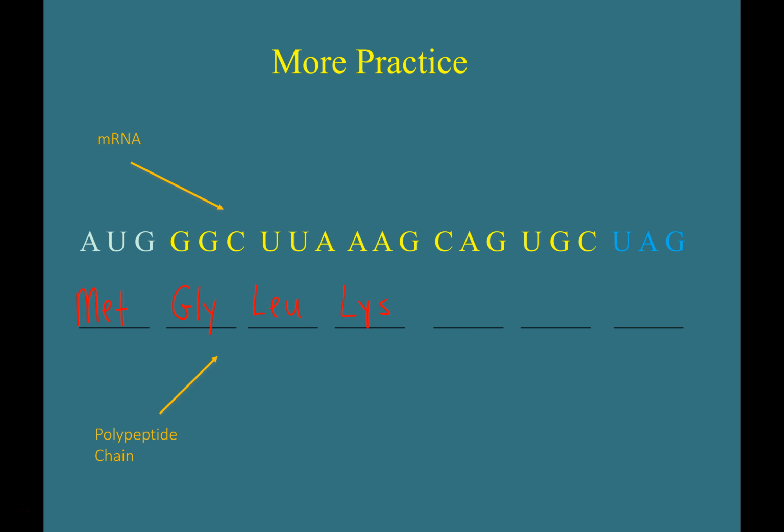CAG is going to be GLN. And UGC is going to be cysteine. And finally, that is a stop codon. So if you can practice this, you have just made a polypeptide chain.